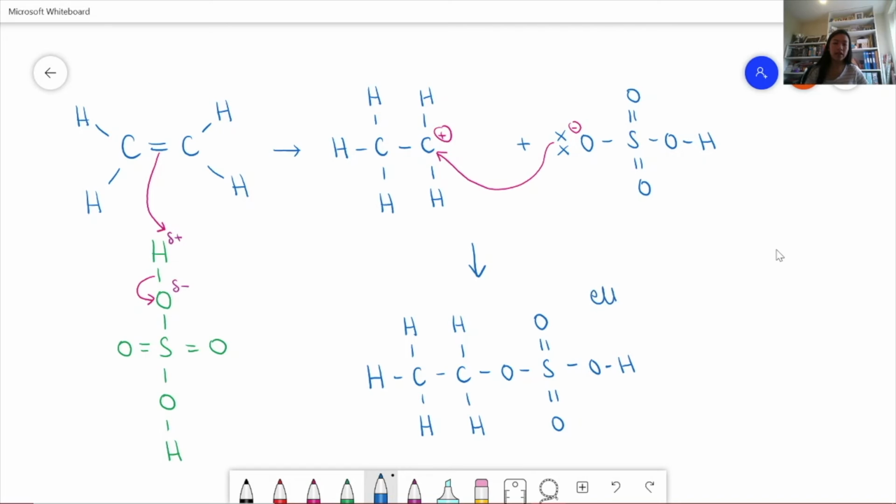So this is ethyl hydrogen sulfate. You probably won't get asked how to name that.